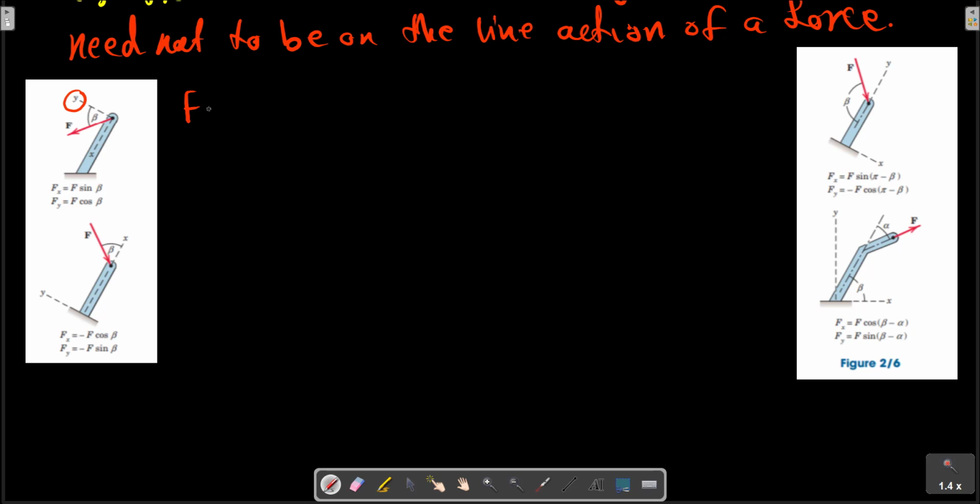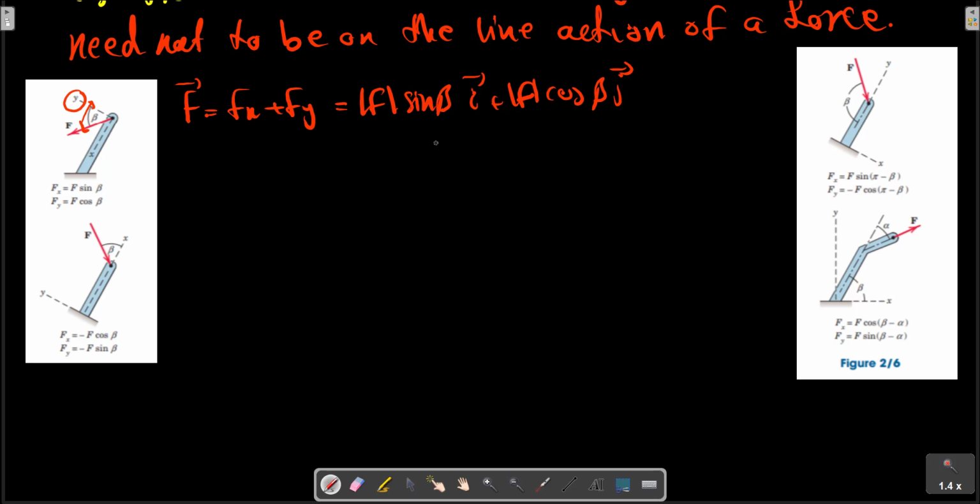F can be written as Fx plus Fy, F sin beta. In this case we have the direction of x different and beta is also different.